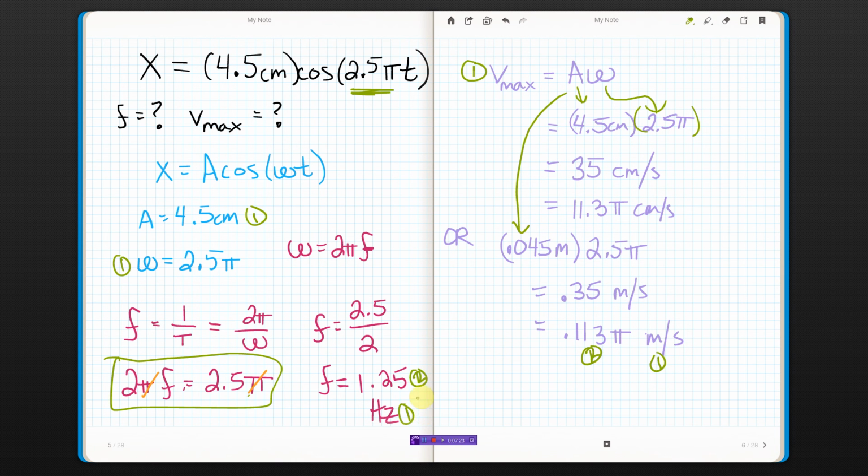That should be 9. Let's see, 5, 6, 7, 8, 9. And another point for having a correct equation for part B, either this one or a conservation of energy problem.